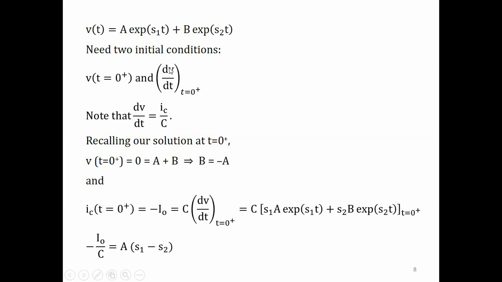The other equation is we need to determine dv by dt at t equal to 0 plus. How do we? Well, we are able to, because we know that dv by dt is related to the capacitor current. Currents we know, derivatives we need to relate to currents.